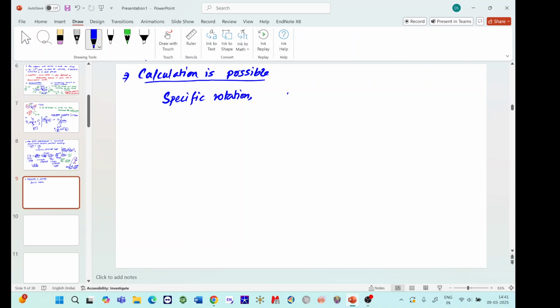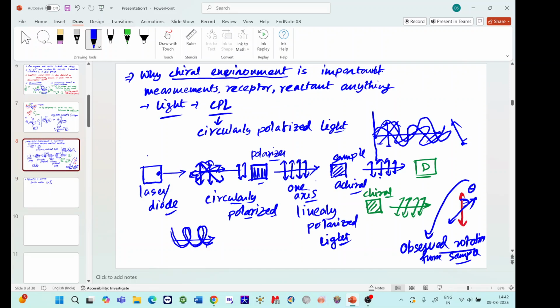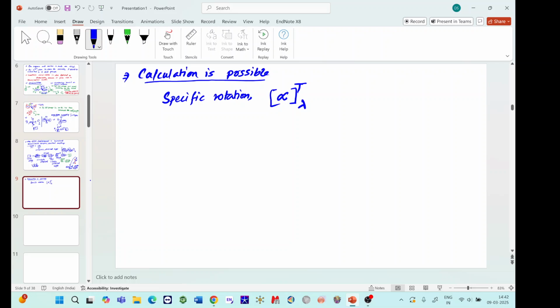Specific rotation we always express in terms of the wavelength of light we are using and the temperature we are using, because depending on your wavelength of light, this value theta will depend, also on the temperature. So these things should be constant, this lambda and temperature. And then you have alpha, this is the observed rotation, unit is degree.